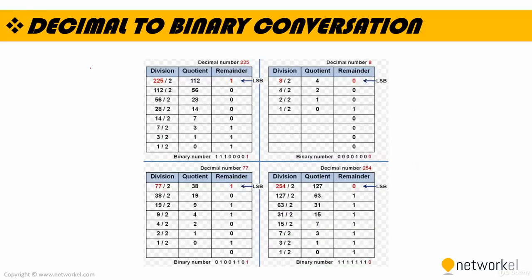And if I want to convert from decimal to binary, what am I going to do? Here we have a reverse logic. For example, if I want to convert 225 to binary, I'm dividing the number serially by 2. 225 divided by 2, and as you know, the quotient is 112 and the remainder is 1.